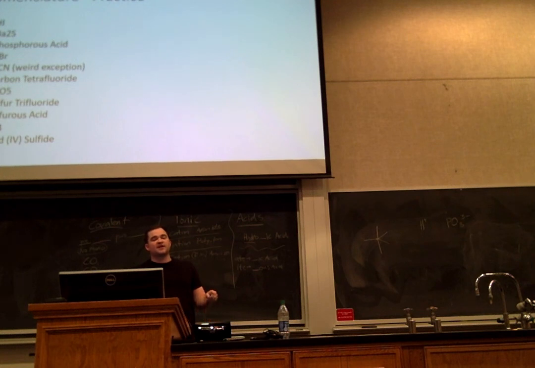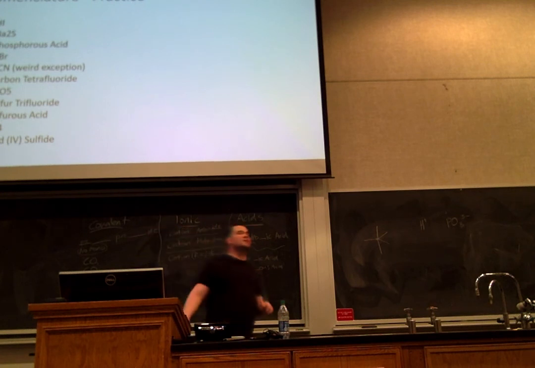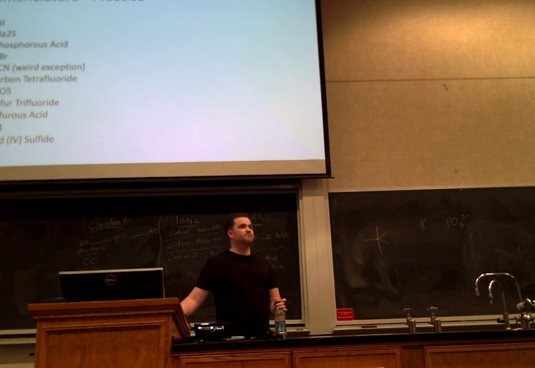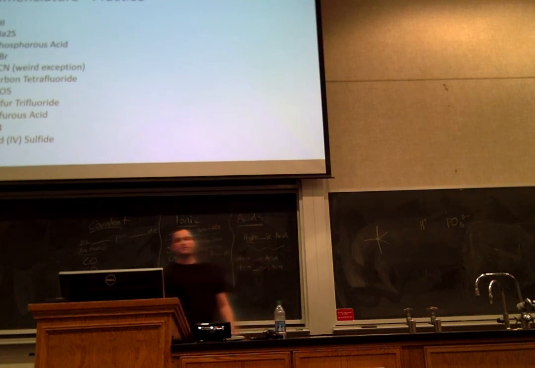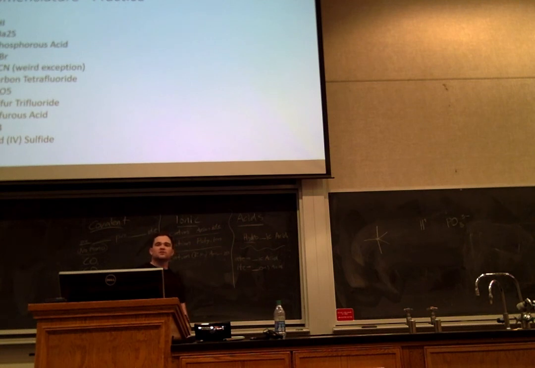Why isn't phosphorous acid H-what? Because phosphite is PO3 2 minus. Wait, phosphite is PO3 2 minus? PO3 3 minus. I said 2 minus, I apologize. Phosphite is PO3 3 minus. Phosphate is PO4 3 minus.